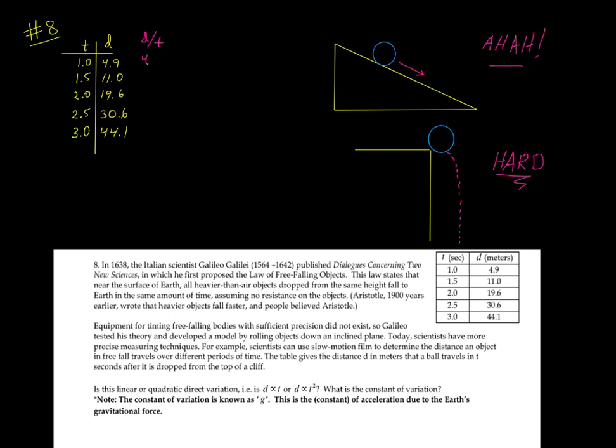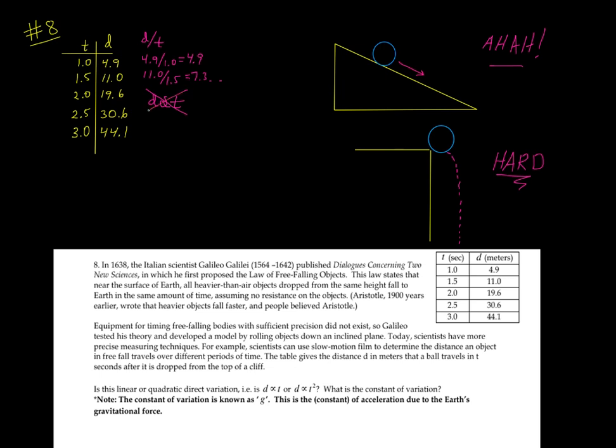For the first pair, the ratio of 4.9 to 1.0 is 4.9. But for the second pair, I get 11.0 divided by 1.5, which is not 4.9. It's something like 7.3 repeated. So that alone already allows me to say this is not direct variation in a linear sense.